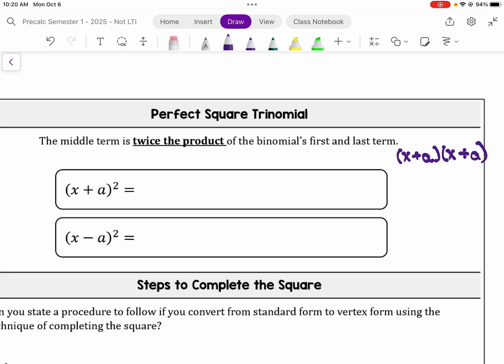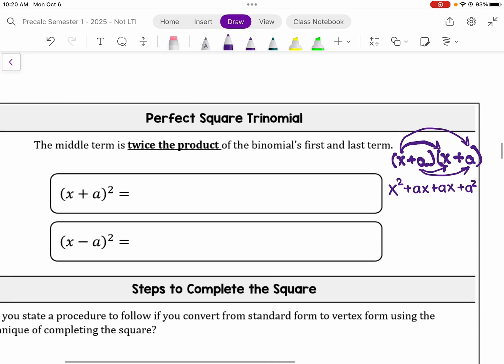Okay? And in which case you need to either do box method, if that's your method of choice, or you need to FOIL or distribute, whatever it is that you know. So x times x is x squared, x times a is ax, a times x is ax, and then a times a is a squared.